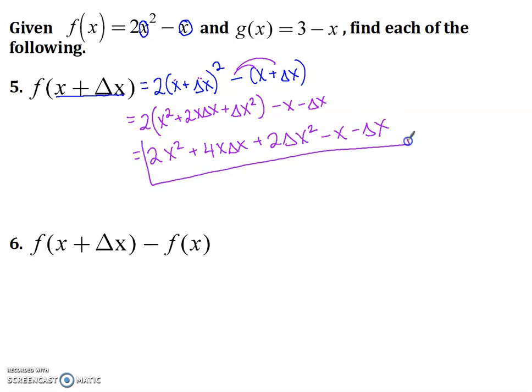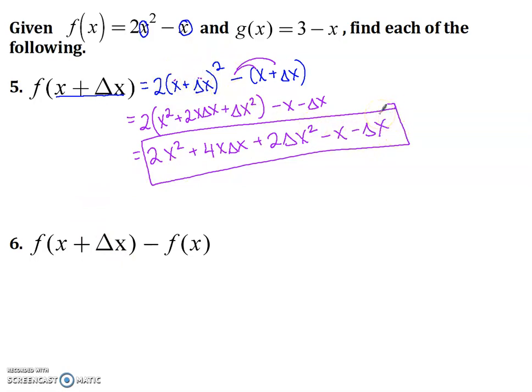And this entire long expression is going to be our answer. Once you distribute and square things, you're not going to be able to combine like terms. Whatever you're left with once you simplify the operations is what you get.